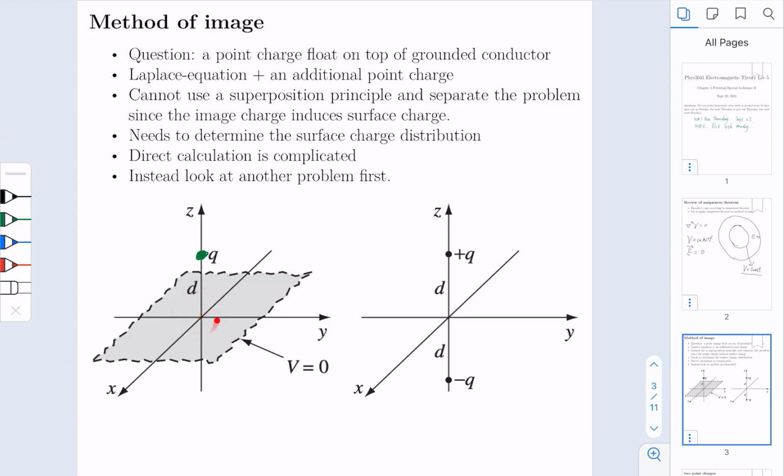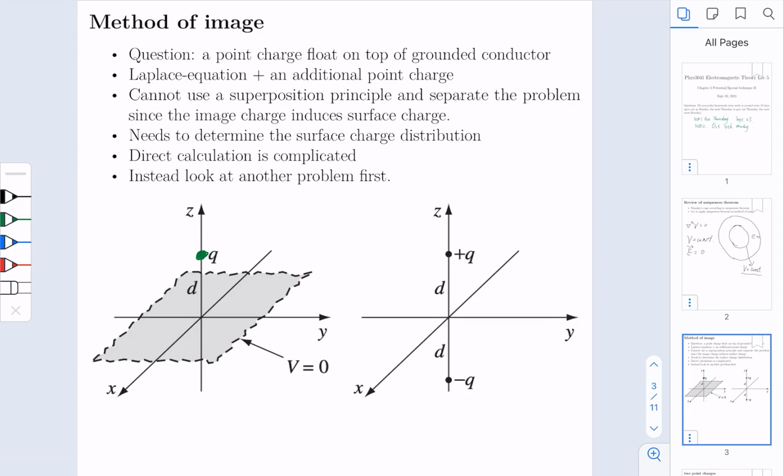So in the middle there will be negative charge accumulating, and there will be less and less negative charge as you go far away from the origin. So there will be a complicated surface charge distribution on top of this surface. If you want to use the superposition principle, you need to determine the surface charge distribution first, and that is not a trivial thing to do.